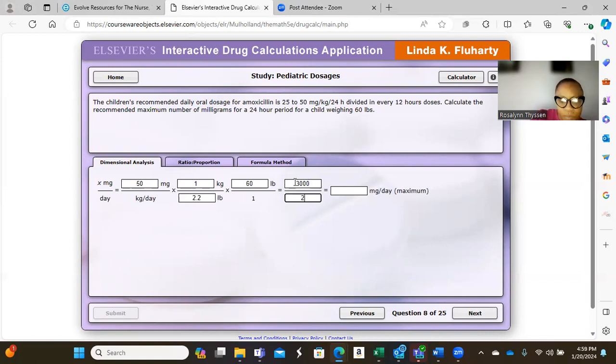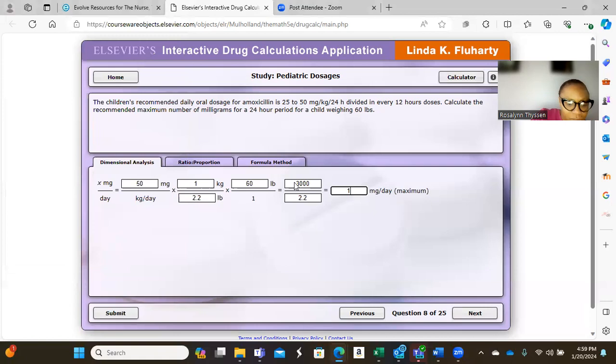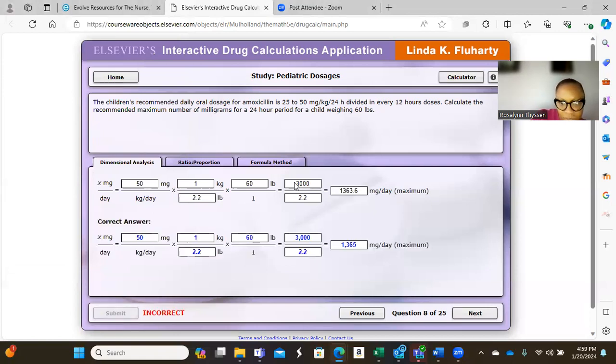Divided by that 2.2. So 3,000 divided by 2.2. And that is, if I did my math right, 1363.6. I think that's what that was.